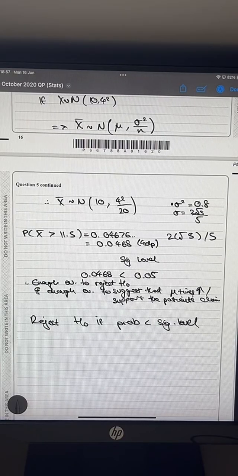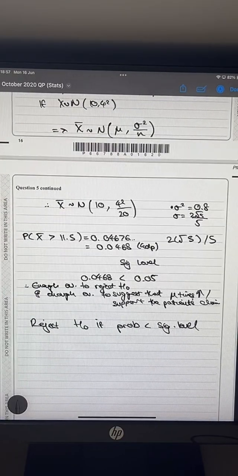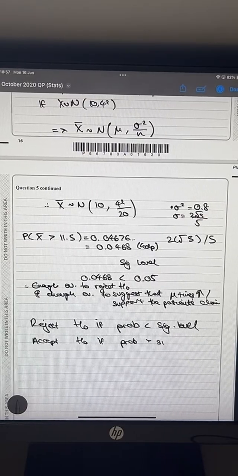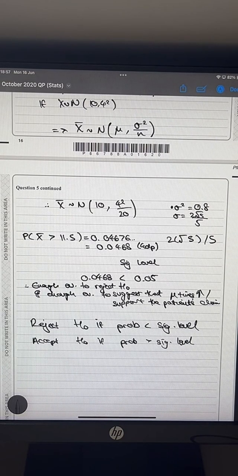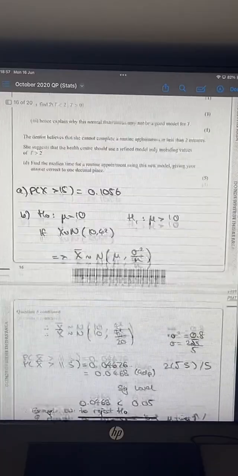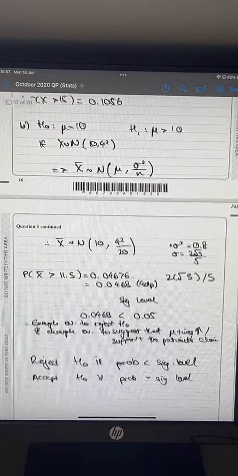So if it's less than the significance level, you reject. You accept H0 if the probability is greater than the significance level. So it's just random chance of that happening. Or if it falls into the critical region, if you're doing a critical values version of that. But for this one, we can just nicely do this for our hypothesis test.